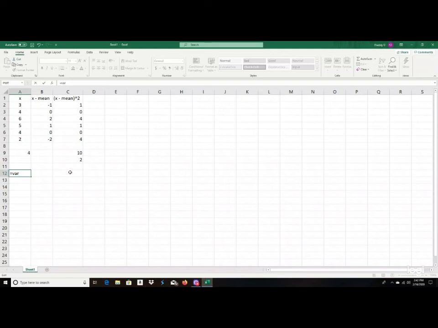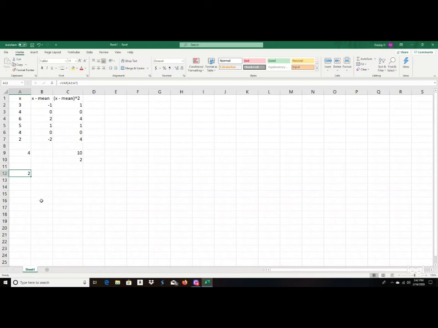So, equal sign, var, Shift 9 to open it. We're going to highlight these cells, A2 to A7, just like before. Shift 0, and once everything is there, hit your enter key, and there's your variance, the 2.